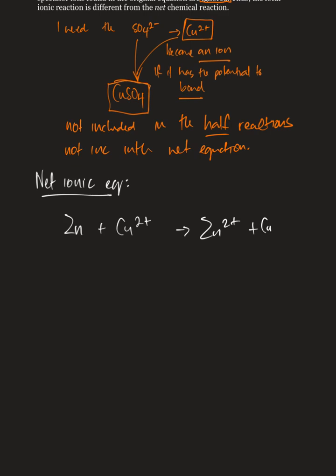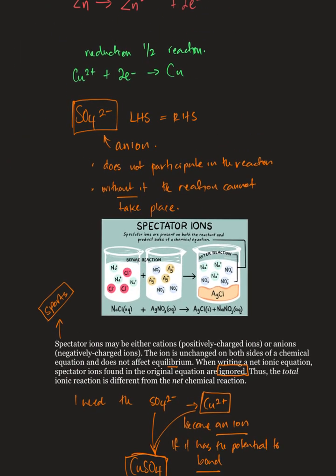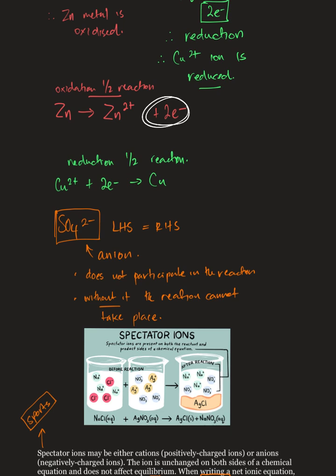Now electron loss and gain must be the same. So in this one it worked out a little bit better because the one lost 2 electrons, and the other one gained 2 electrons. Alright, so I know that from my 2 reactions I've got those two, and they kind of just cancel each other.